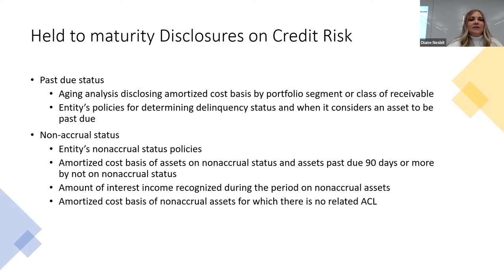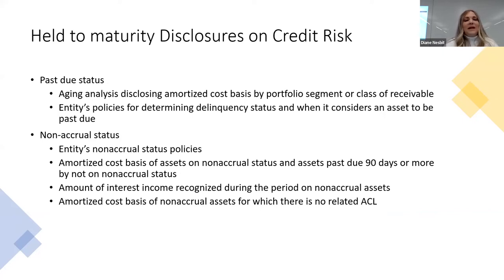So continuing on there, past due status, looking at your aging analysis and disclosing amortized cost basis by portfolio segment or class of receivable. The entity's policies for determining delinquency status and when it considers an asset to be past due. You need to look at your non-accrual status, the policies for the entity, amortized cost basis of assets on non-accrual status and assets past due 90 days or more but not on non-accrual status.